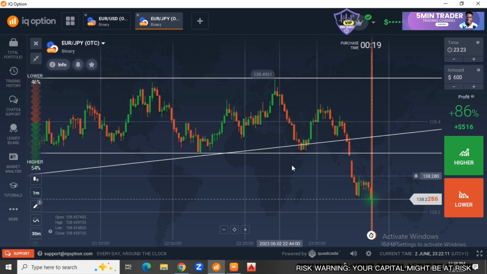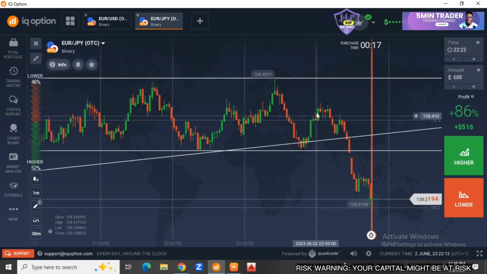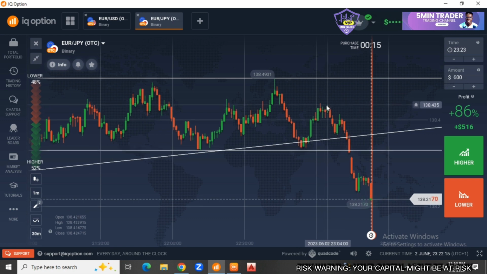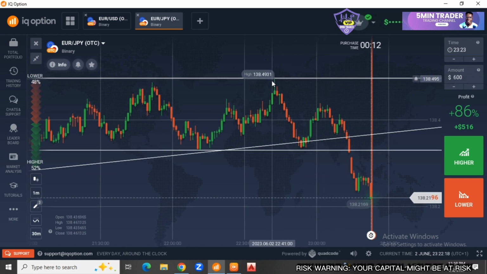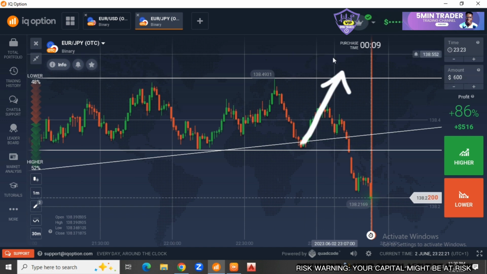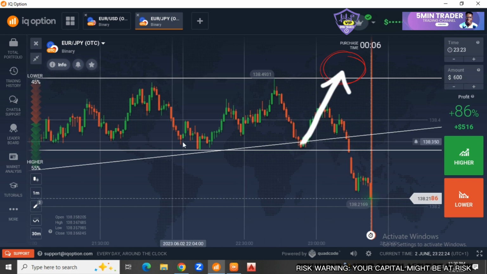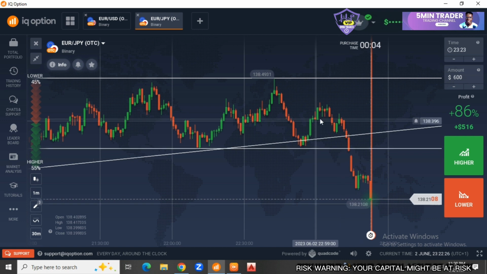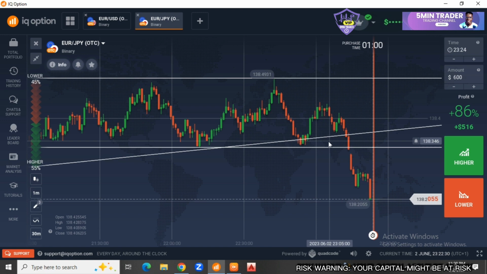That was 1. 2, the market refused to make a new high because this was the previous high. The market was supposed to make a new high that will show that this minor trend will still continue, but the market refused to make a new high over here.